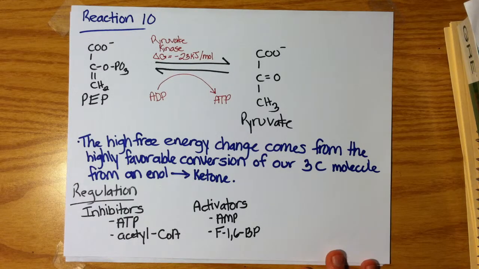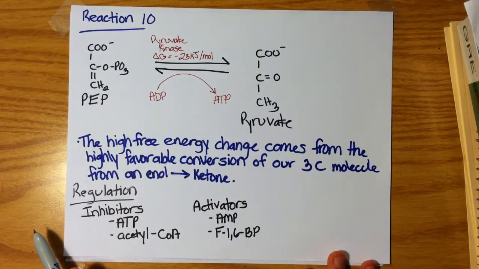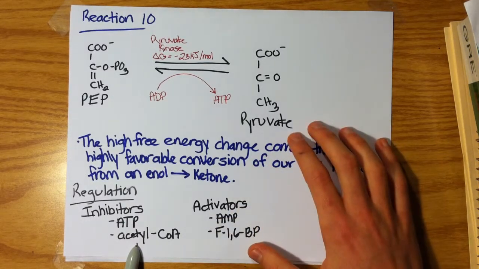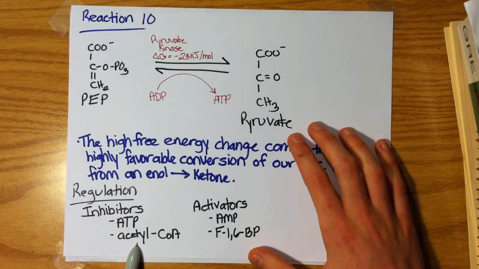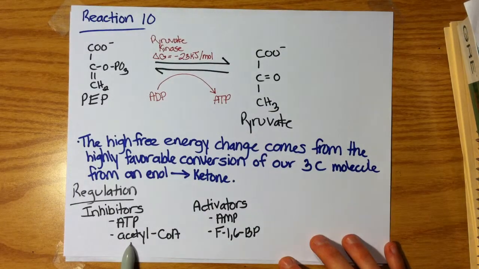Similarly to reactions 1 and 3, because the free energy change is so negative, regulation occurs on this enzyme. Inhibitors are ATP and acetyl-CoA. Pyruvate is converted into acetyl-CoA for aerobic respiration, which is then shuttled through the citric acid cycle.